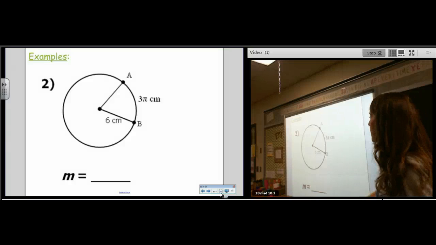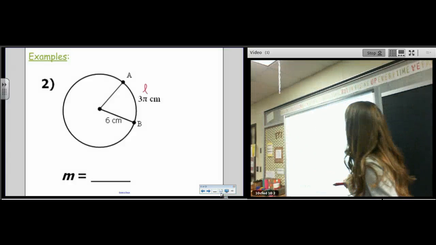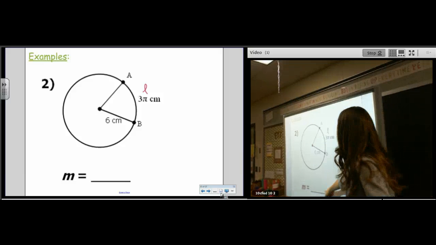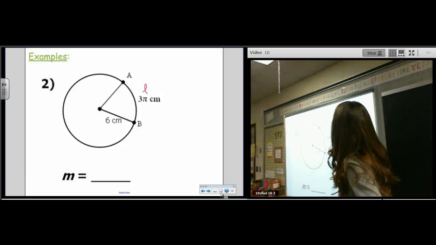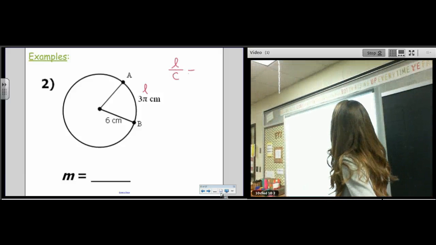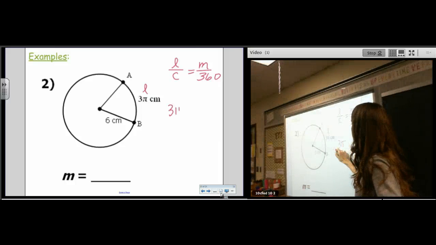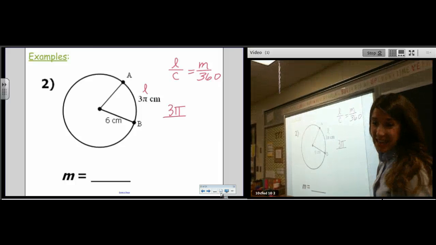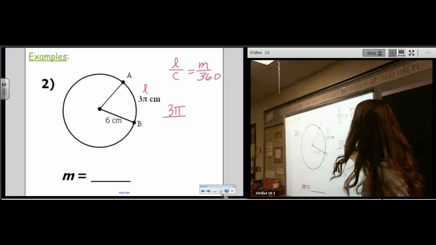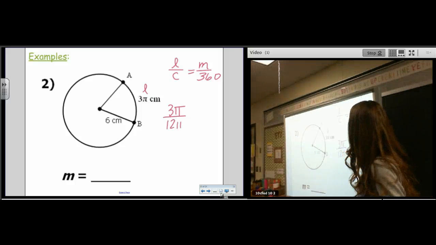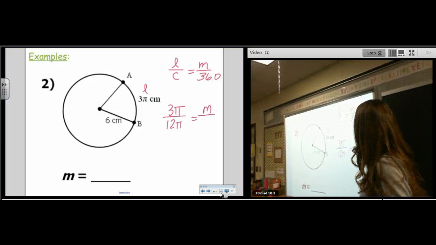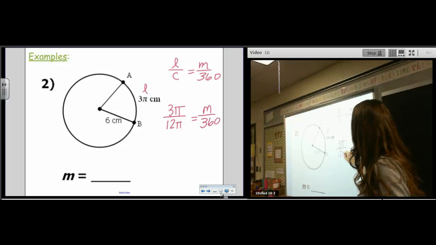Okay, so this time they gave us L, and we want to find M. So here's the proportion. Let's plug in what we know. We already know L, it's 3 pi. We can find C, just double 6. We don't know M, and 360 is constant.